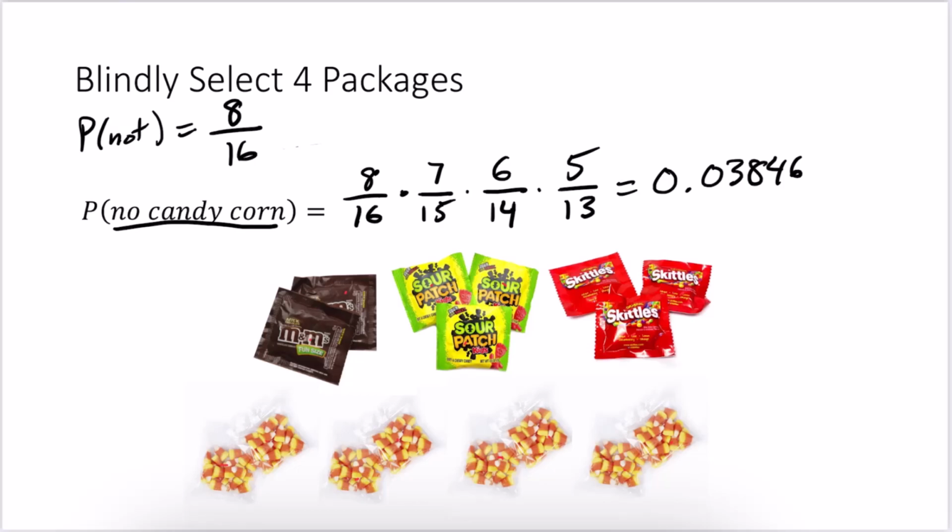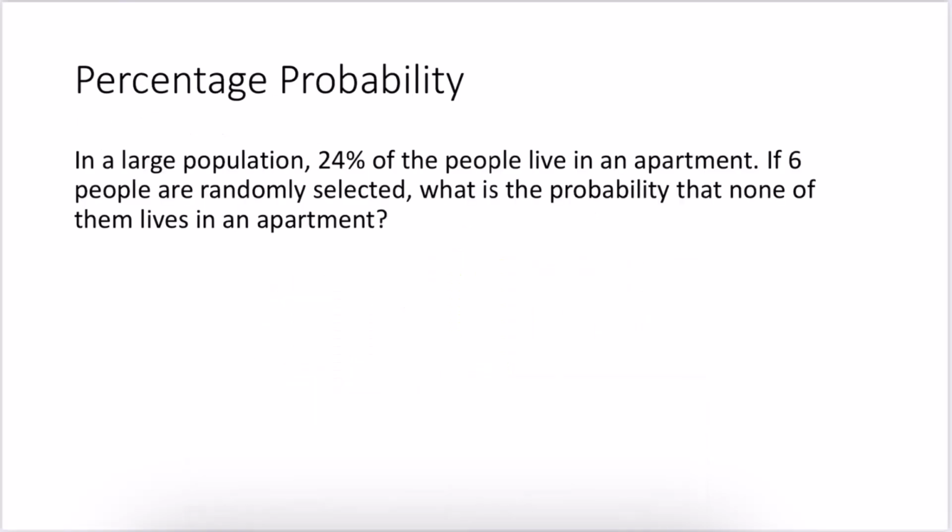And you can also do this with percentages in large populations. So let's say, for example, in a large population, 24% of the people live in an apartment. And if you randomly select 6 people from this population, we're trying to find the probability that none of them live in an apartment. So the first thing we need to do is find the probability of choosing someone who does not live in an apartment. And that's just going to be 100% minus 24%.